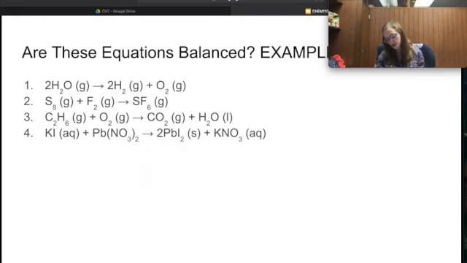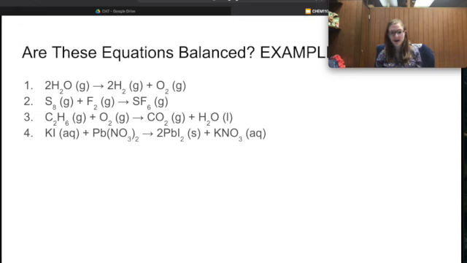And then I have O2 gas, so I have 2 oxygen atoms coming from the 1 oxygen molecule I have. So that means this checks out and is balanced. Yes. So this chemical equation is balanced.